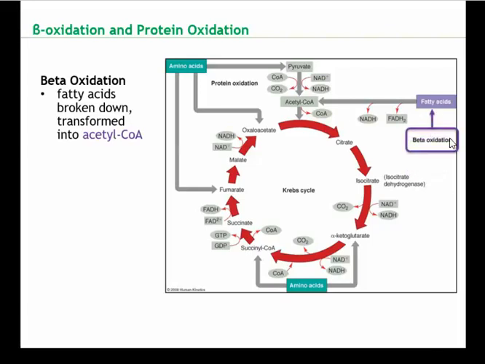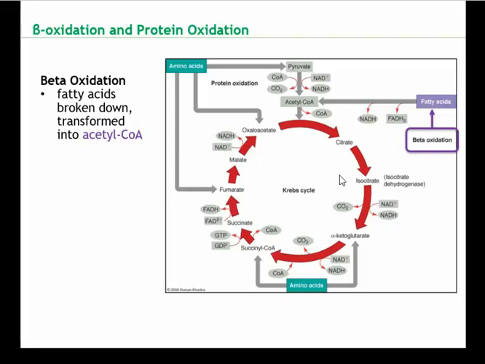Beta oxidation, we see right here, is when fatty acids are broken down and transformed into acetyl-CoA. When we just learned about the Krebs cycle in the last video, we talked about how glucose, from glycolysis, turned into pyruvate at the end of glycolysis, and then in the intermediate step we produced acetyl-CoA, and we went through the Krebs cycle.